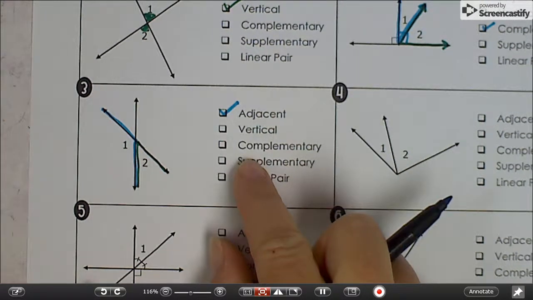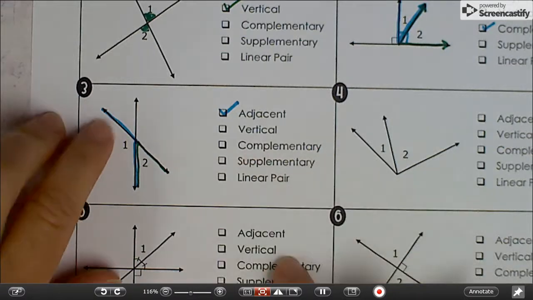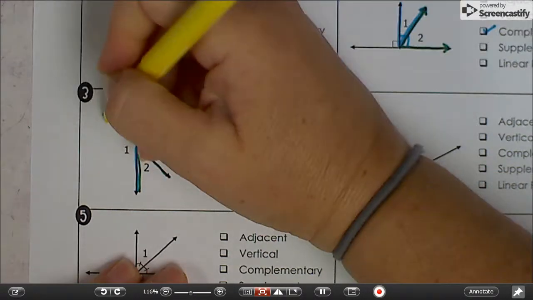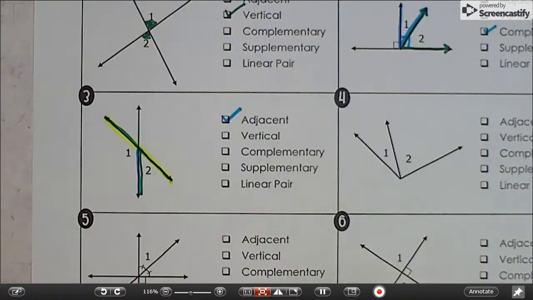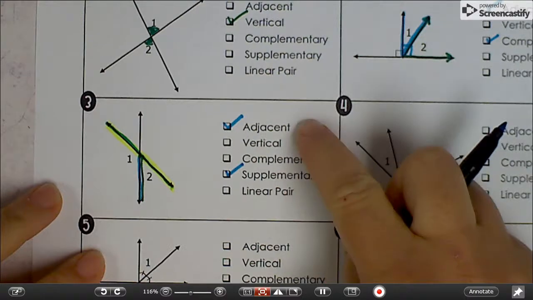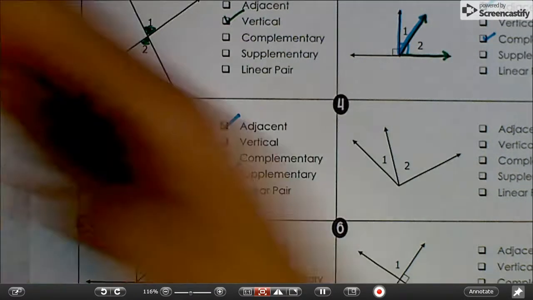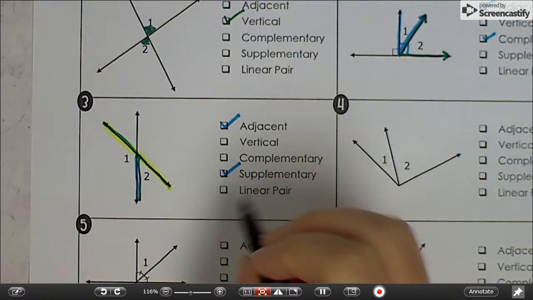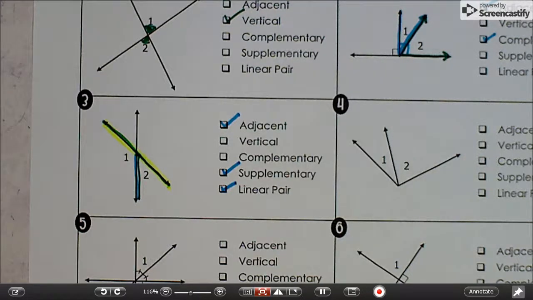We don't know that they're complementary at all, but they are supplementary because they form this straight line together. And because they are supplementary and adjacent, if you look at your notes over here, linear pairs are supplementary and adjacent. So it is a linear pair. I hope you're catching on.